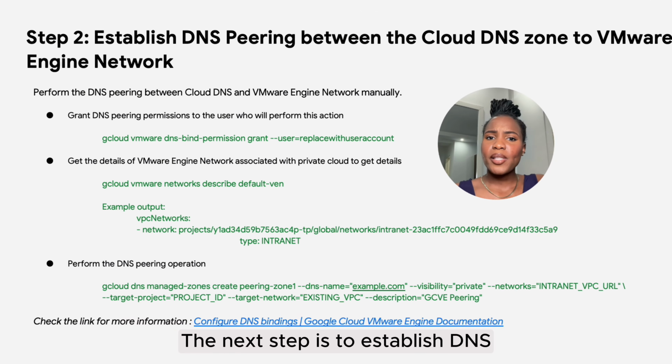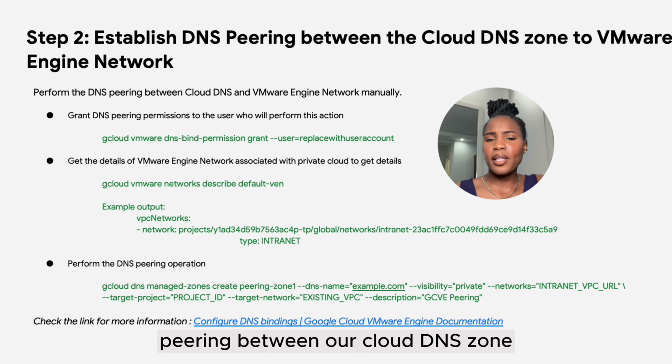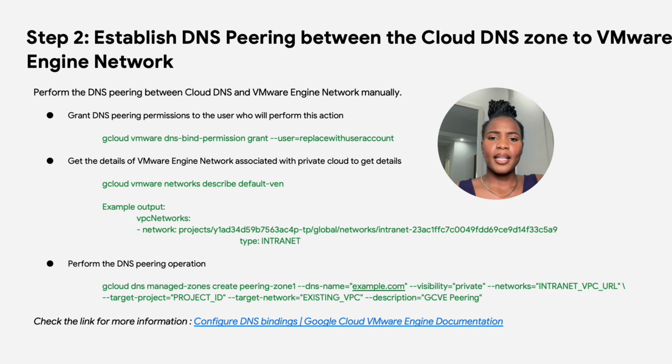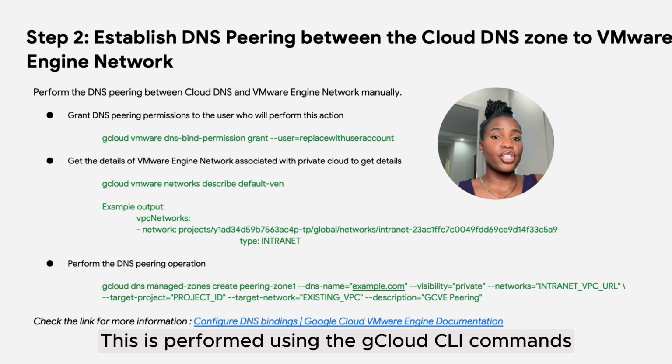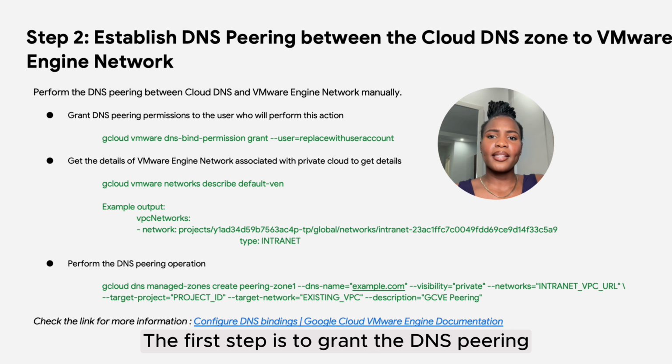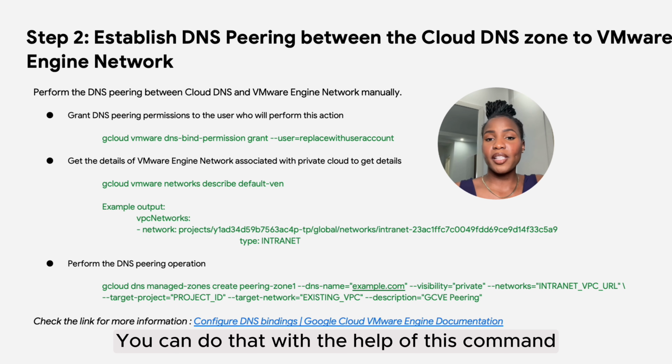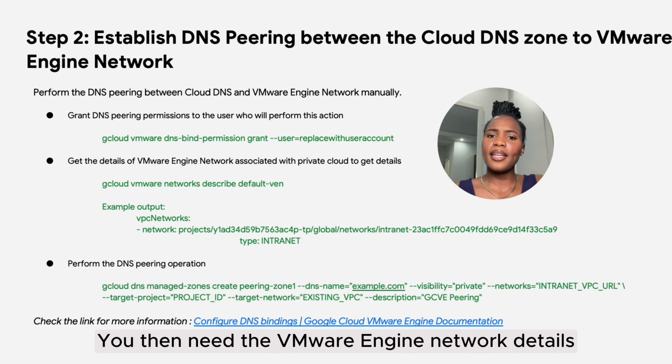The next step is to establish DNS peering between our Cloud DNS zone and VMware Engine network. This is performed using the gcloud CLI commands. The first step is to grant the DNS peering permissions to the user who will perform this action. You can do that with the help of this command. You then need the VMware Engine network details.